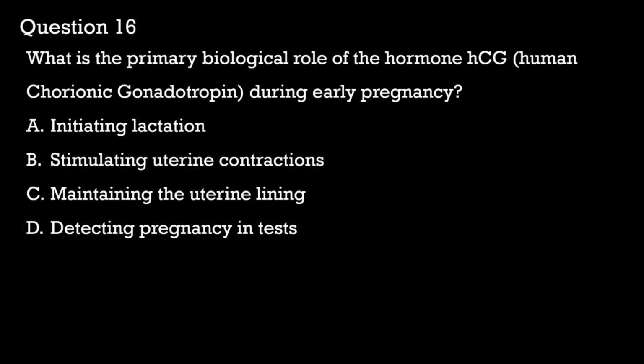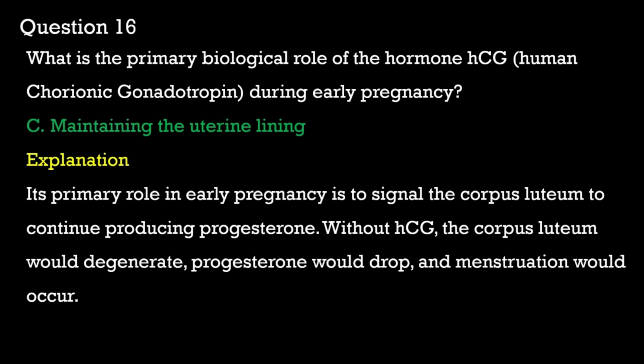Now, without HCG, the corpus luteum will degenerate, the progesterone levels will drop, and menstruation will occur. So, in early pregnancy, HCG maintains the uterine lining by signaling the corpus luteum to continue producing progesterone. So our answer here is option C.